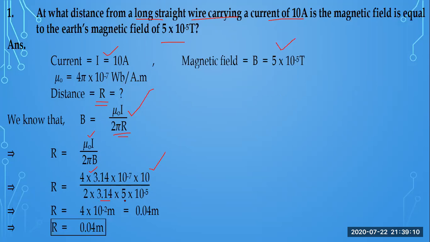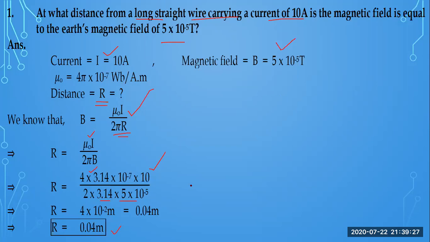So the value of R you are calculating is 4 multiplied by 10 to the power minus 4. So this will be the distance.